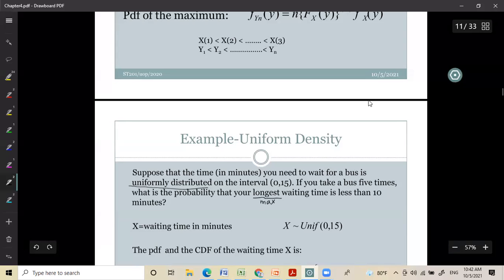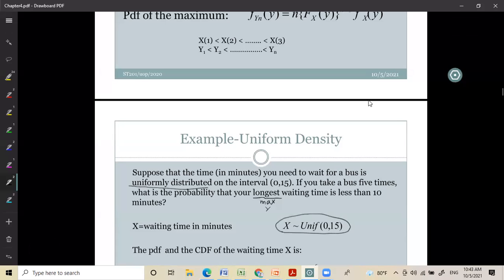So you have the distribution of the waiting times. The waiting time is X. X is uniform within the interval 0 to 15. But we are interested in finding the probability of the longest waiting time. So that is Y. First you have to derive the distribution of the longest waiting time, which is the maximum of these X's.